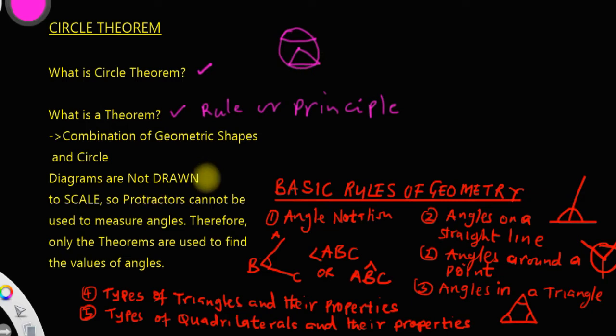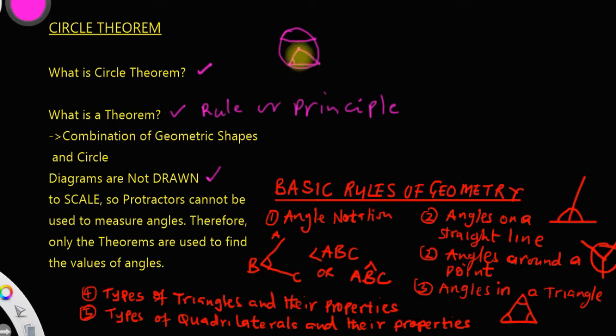One thing you should also notice is that in circle theorem, all the diagrams are not drawn to scale. It means that you may see an angle that seems very small, but when you find its value, it will be very big.